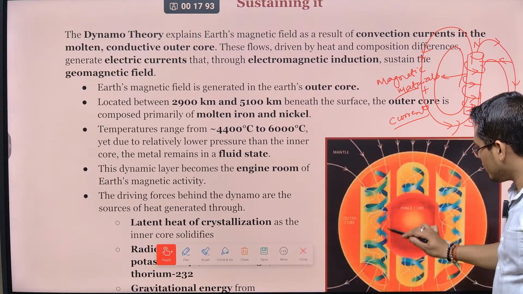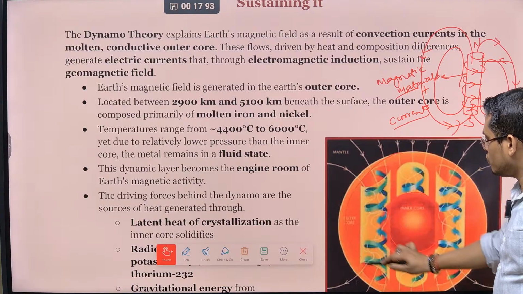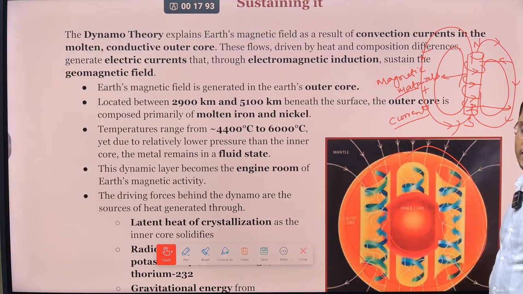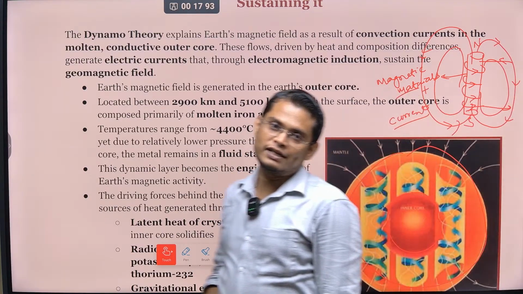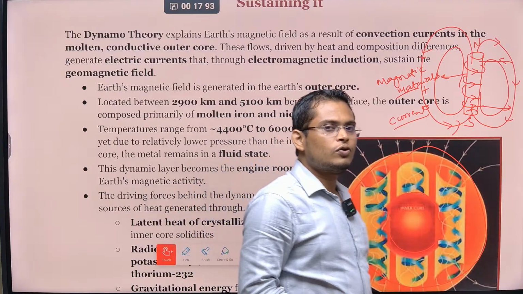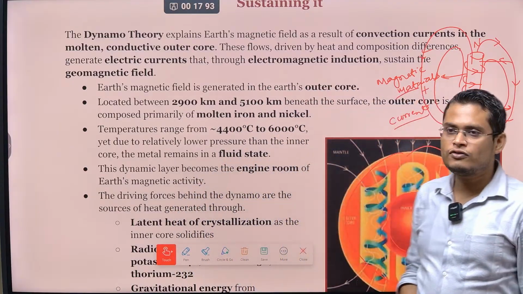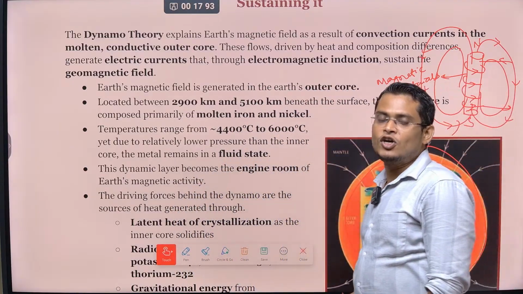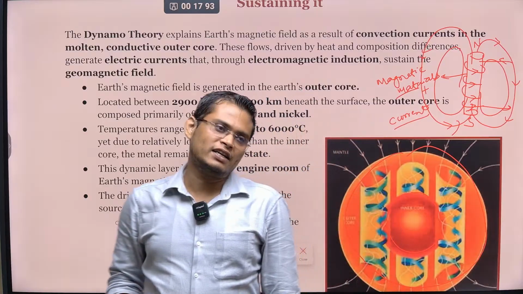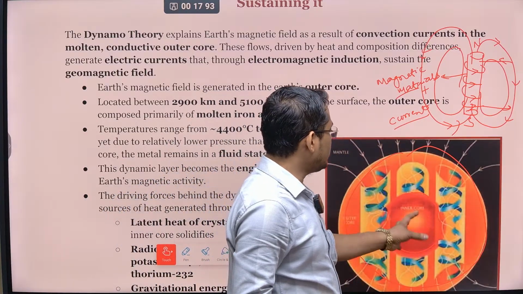You can see our earth's inner core and outer core. We know that the outer core is liquid, and the outer core and inner core are composed of iron, nickel and cobalt. So all are magnetic material, and it is rotating.